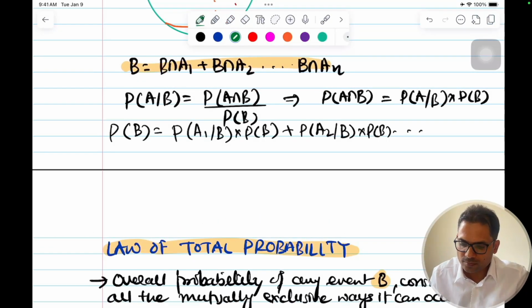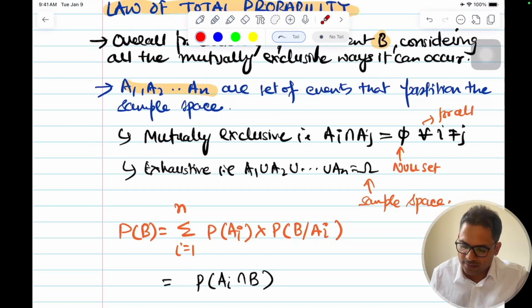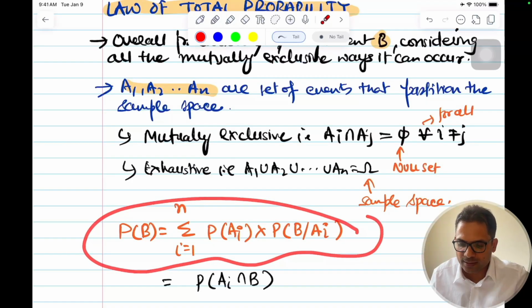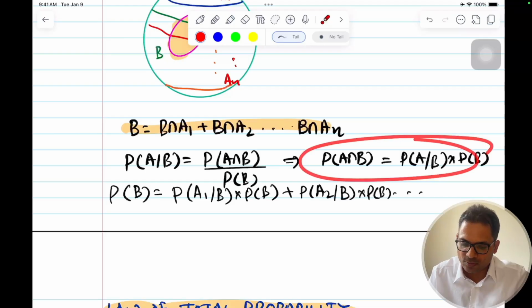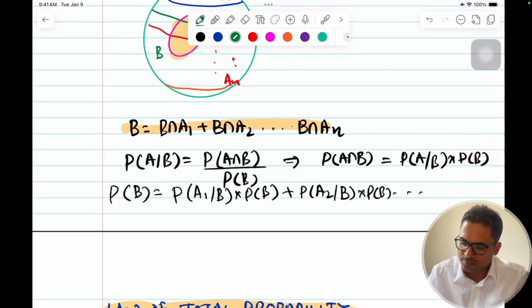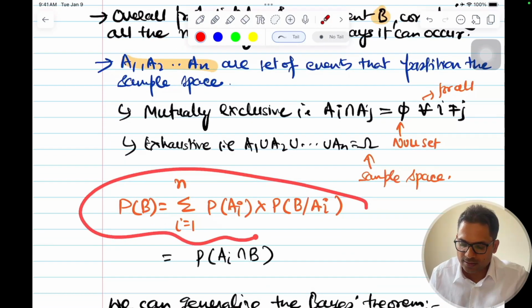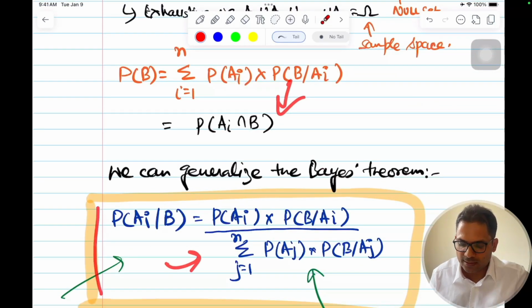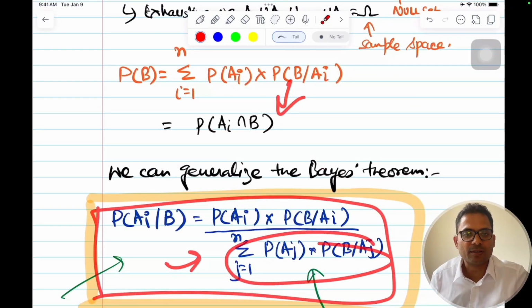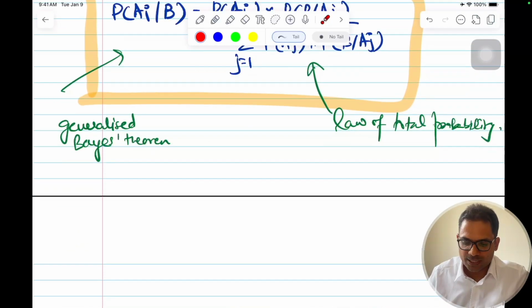Then we can write it in the form of conditional probability, because from the chain rule, we can write it in this mathematical formulation. We plug the same form into the Bayes theorem and generalize it, and now we get this generalized Bayes theorem formula. So this is with respect to Bayes theorem.